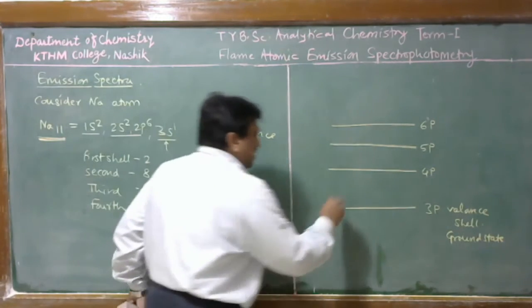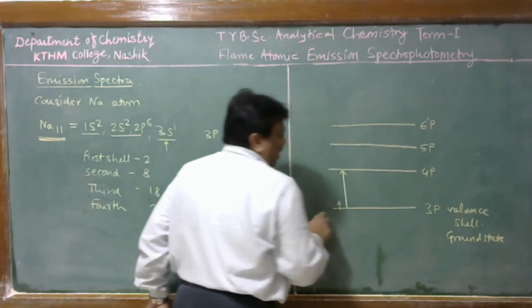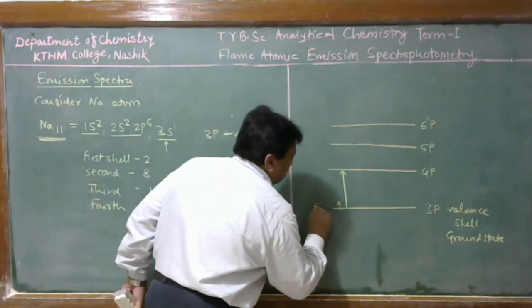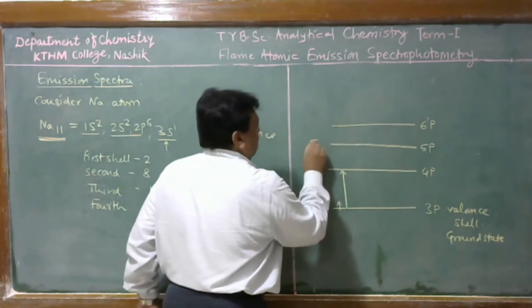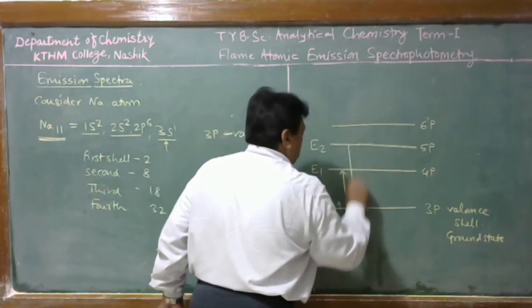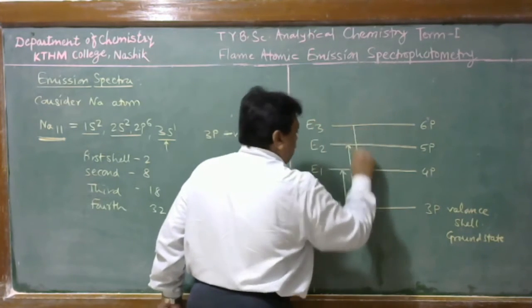That means this electron which is present here is promoted from this first level, suppose E0, to E1, or sometimes to E2, or sometimes to E3.